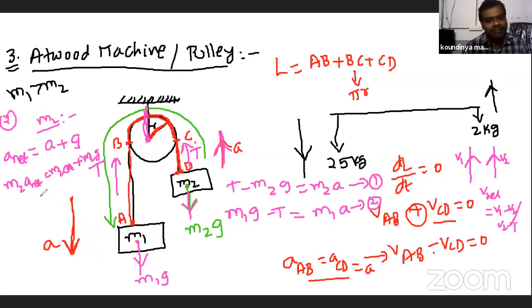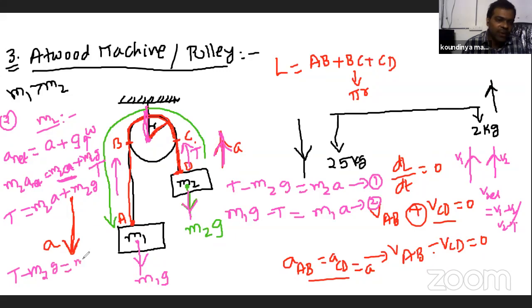This is the motion or applied force, and this is the weight. Resultant of weight and motion of the object, we have the tension only. So T is equal to M2A plus M2G. If we rearrange the equation, T minus M2G equals M2A.